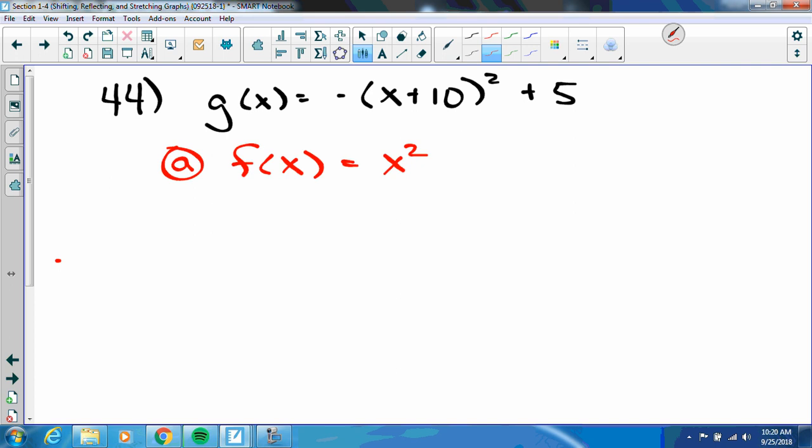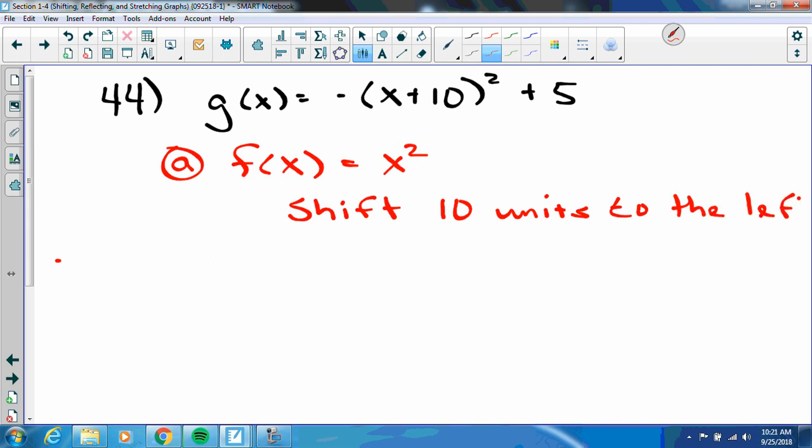Shifts it 10 units to the left. Okay, then what?